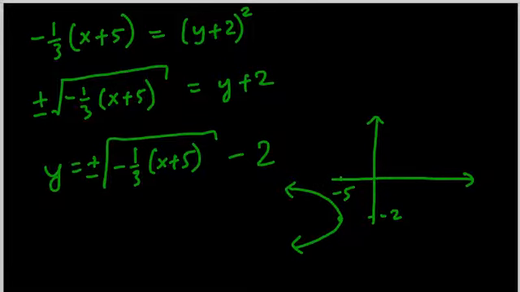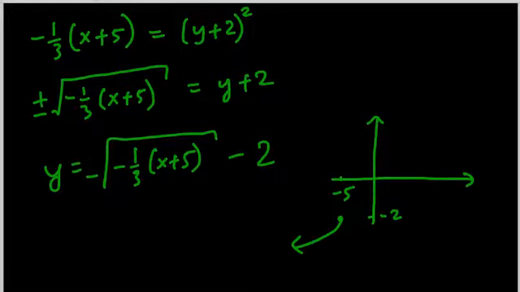So I'm going to erase that top function. Since it's a reflection across the x-axis because it's facing down, I'm going to keep the negative and remove the positive.